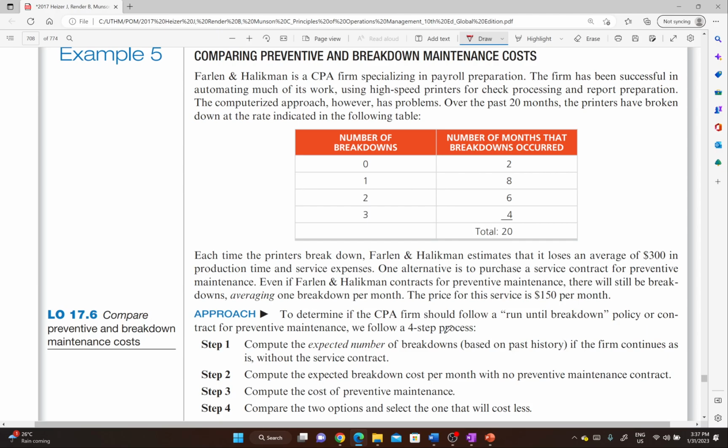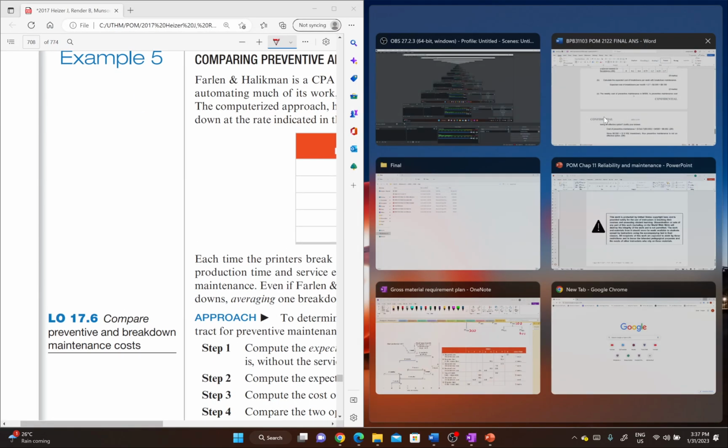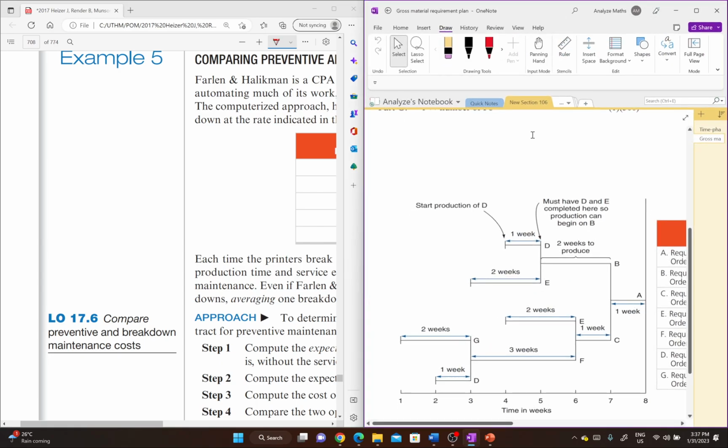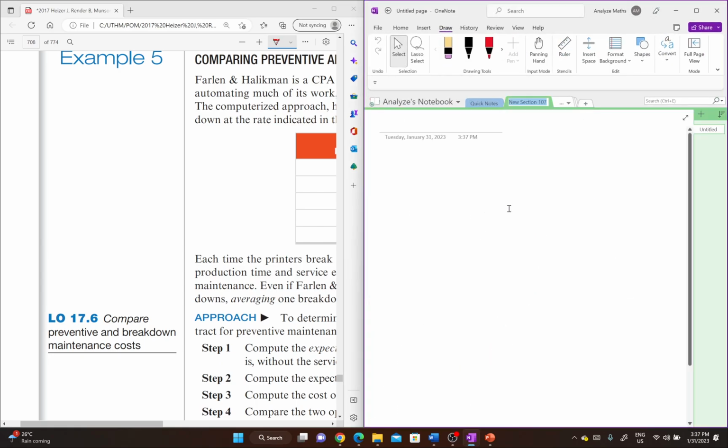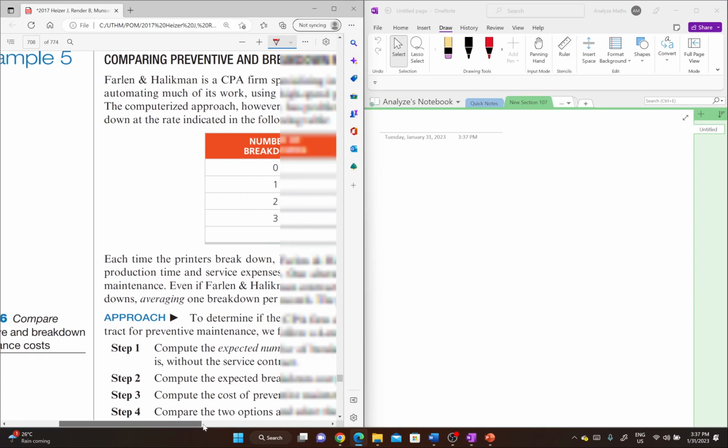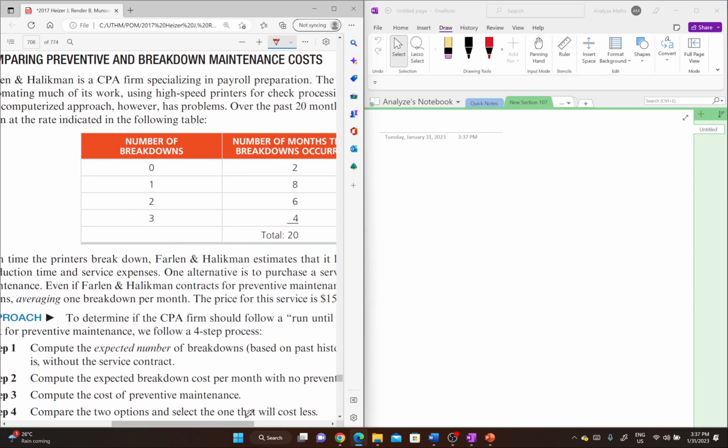So let us look at this. For this part I'm going to put a table here: 0, 1, 2, 3, and I'm going to find the probability of each number of breakdowns.